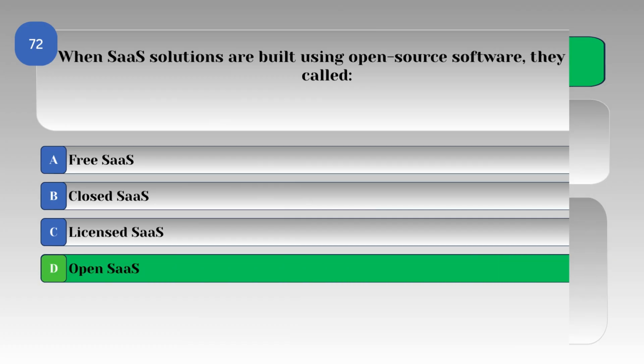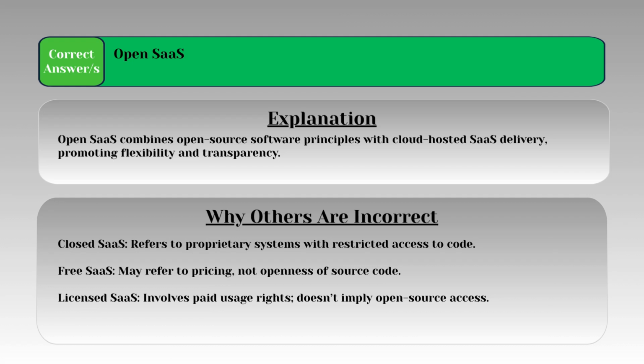Explanation: open SaaS combines open source software principles with cloud-hosted SaaS delivery, promoting flexibility and transparency. Why others are incorrect: closed SaaS refers to proprietary systems with restricted access to code. Free SaaS may refer to pricing, not openness of source code. Licensed SaaS involves paid usage rights, doesn't imply open source access.